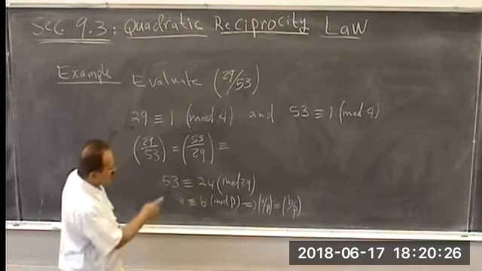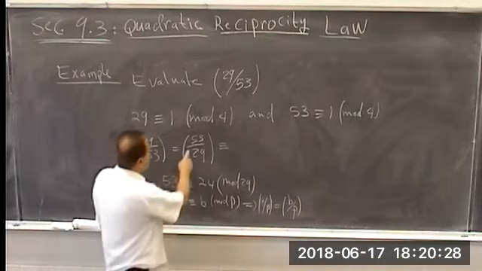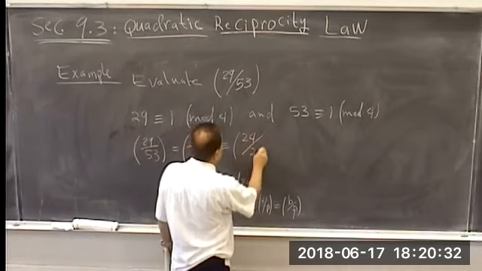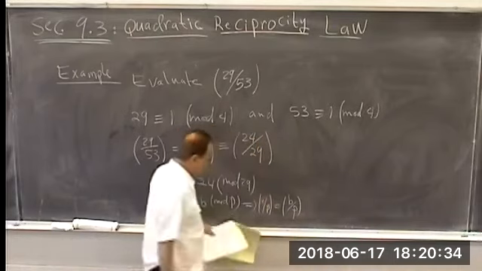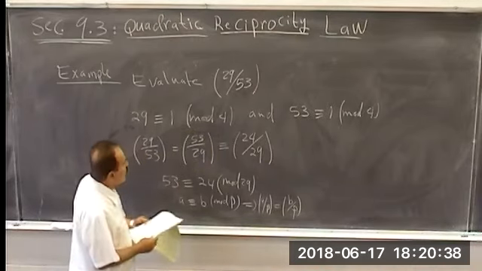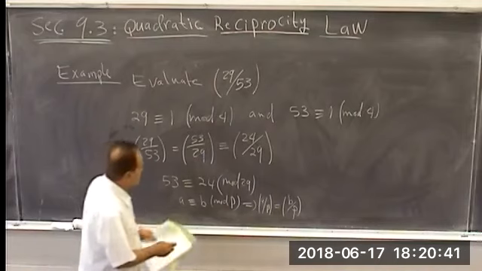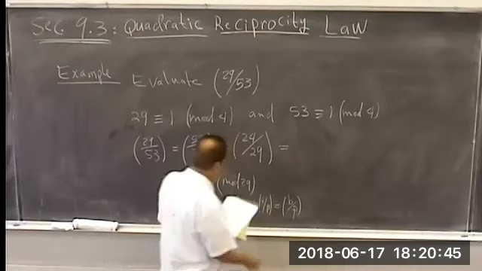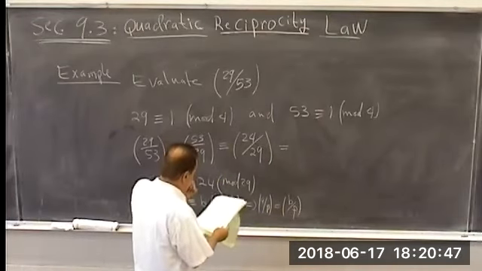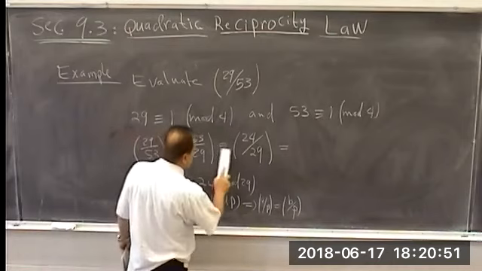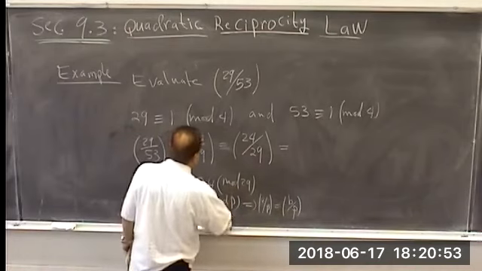So we're going to be using this theorem to say that this one we can reduce to 24 over 29. All right? And also we can write equalities between these. Okay? Not congruences, but they will be equal. All right?